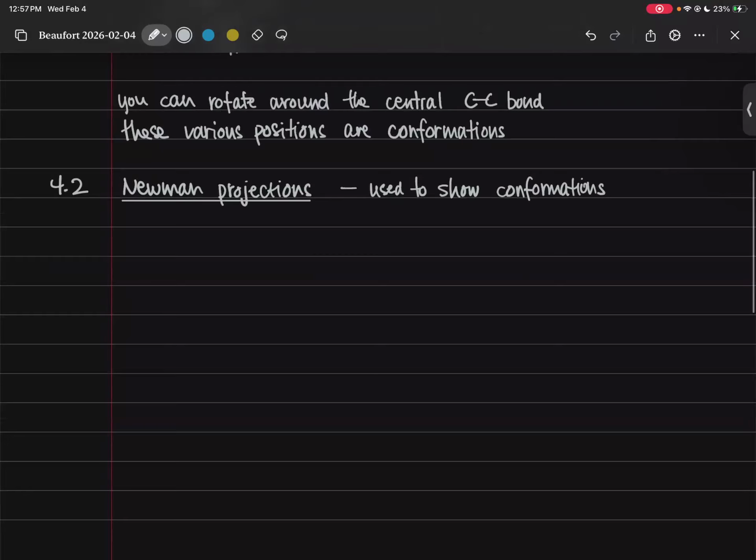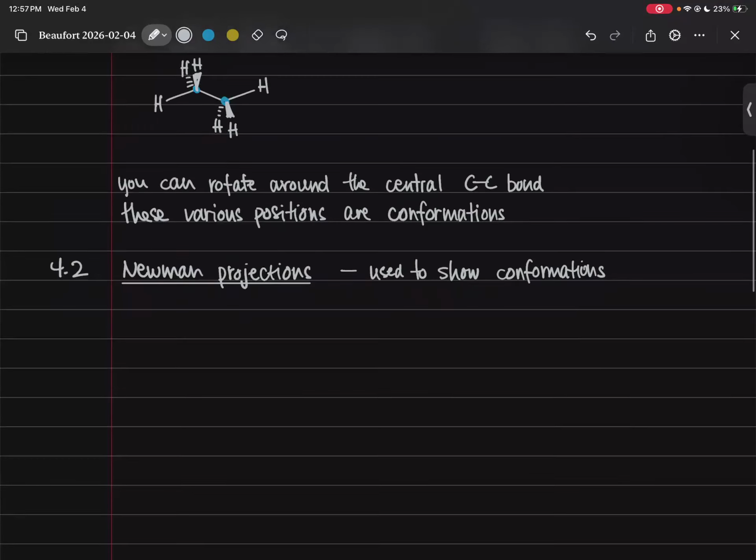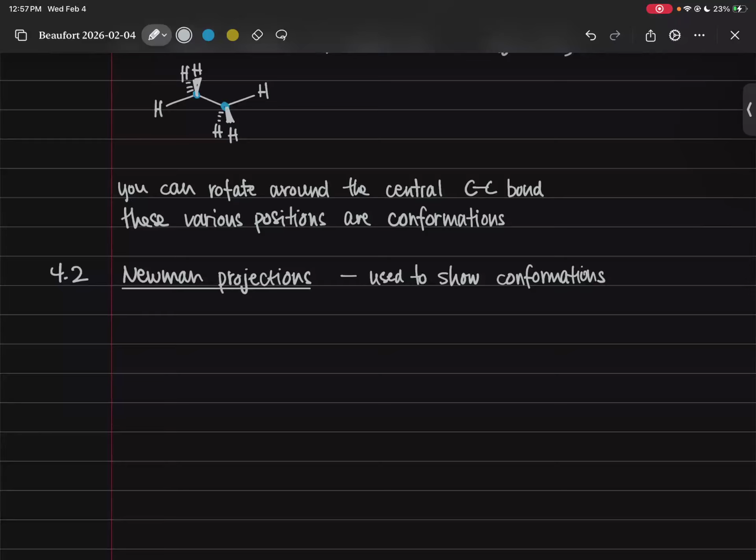So before we get to the actual projection, we'll step our way there. So we started with a skeletal structure with wedges and dashes. And what we want to eventually get to is something where we're looking head on right down the CC bond. Okay. So let's take the molecule to side view, right?